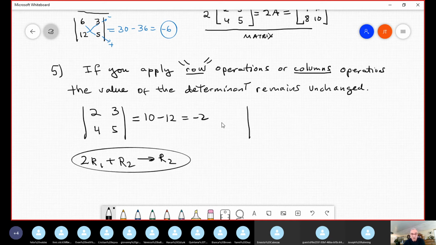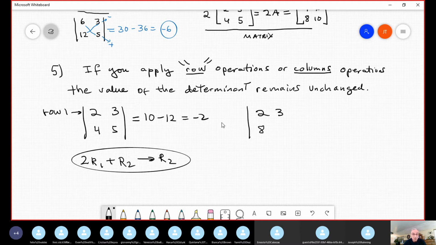You obtain a new matrix or determinant, in this case, no? In which the row 1 stays the same, but participates in the game, no? Because it will be multiplied by 2, added to row 2, and the new number stored in row 2. So basically 2 times 2 is 4, and 4 plus 4 is 8.